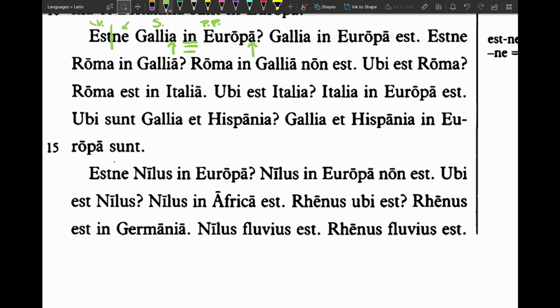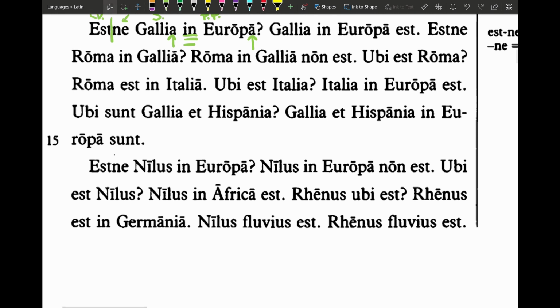Moving along. Gallia in Europa est. So it's the same basic sentence structure that we saw earlier. Okay, so I'm not going to diagram these, so you should have a handle on how to diagram these sentences with this simple structure.